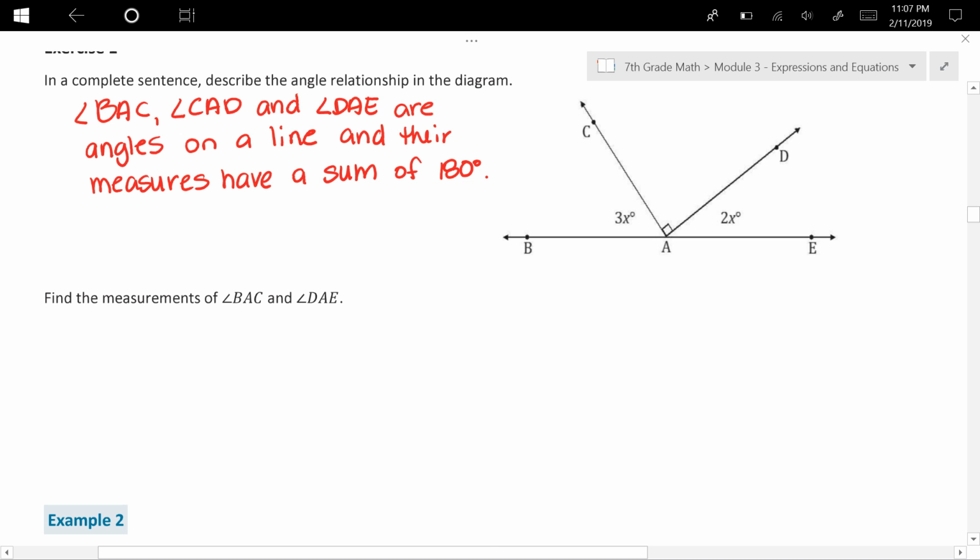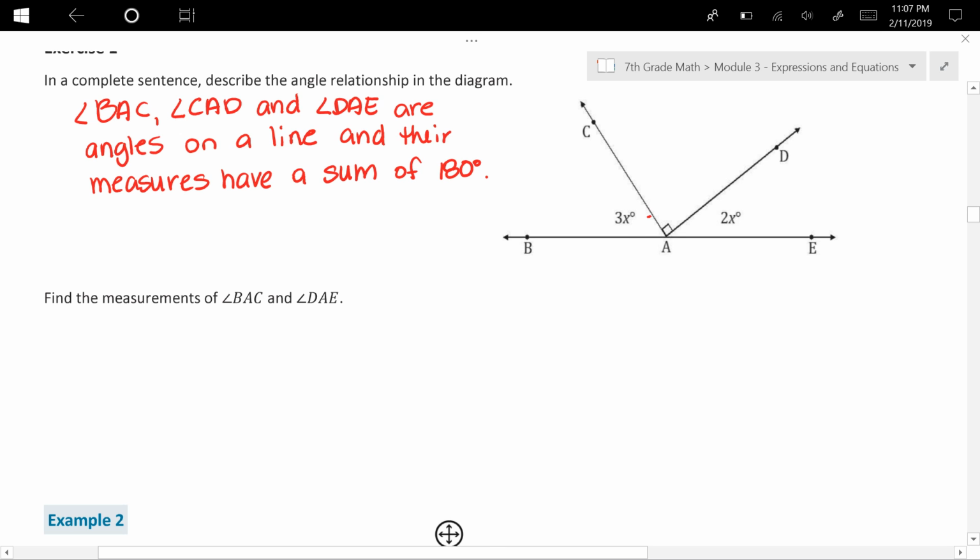Then go ahead and solve it, all of that, and pause it so you can do that too. Okay, so with putting together the equation, it is on a line. These angles are all on a line, and so we know that in our equation it's going to equal 180 degrees.